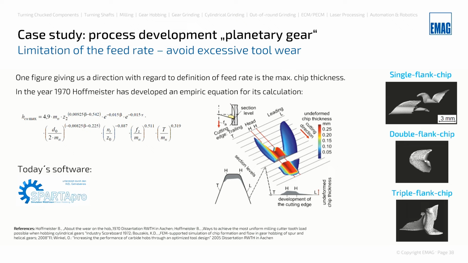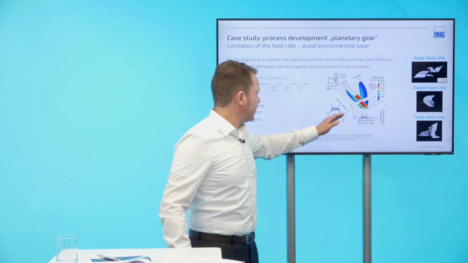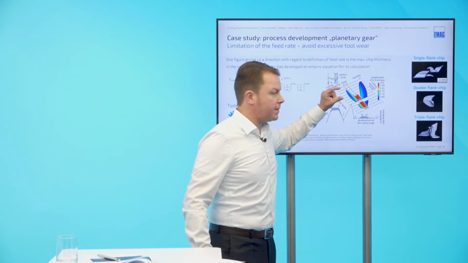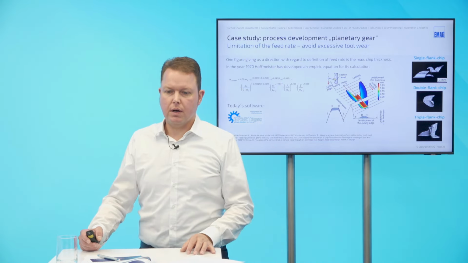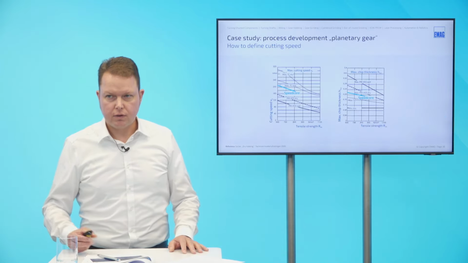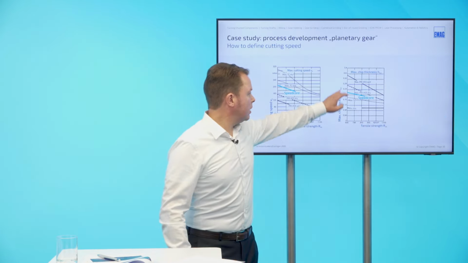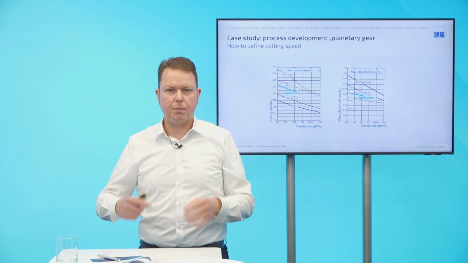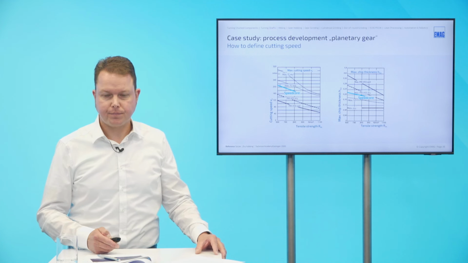In hobbing, we have single flank chips, double flank chips, and triple flank chips. Here, in order to get a picture, we can see what we calculate. We calculate actually the cross section, the thickness of such a 3-flank chip. And this is an indicator, to come back to our diagram from earlier, that shows us whether we stress our tools too much or whether we are still okay.